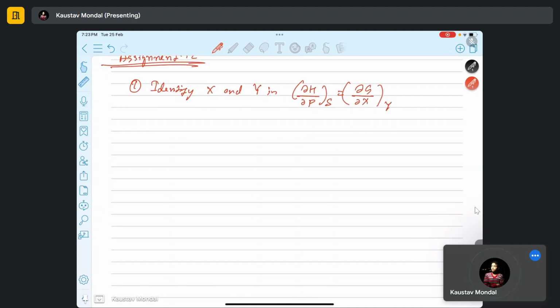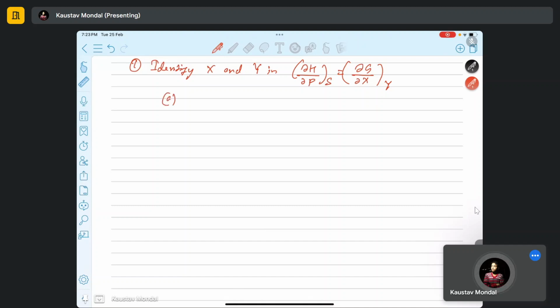Options are: option A, x equal to T, y equal to V. Option B is x equal to V, y equal to P. Option C is x equal to V, y equal to T. Option D is x equal to P, y also equal to T.